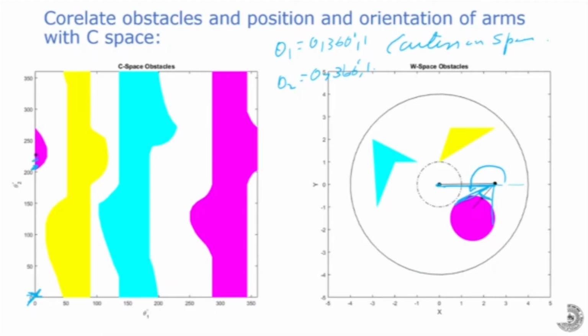I mark it with pink color because this obstacle is pink, just to know which obstacle it has hit, because there are 3 obstacles here: a yellow obstacle, a blue obstacle, and a pink obstacle. So theta 1 equal to 0 is hitting in this region, which I mark here. Then I increment by 1 degree.